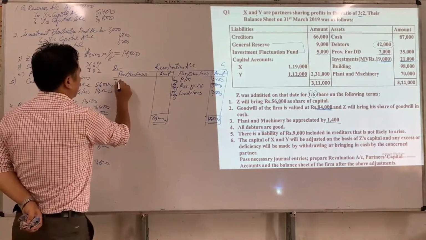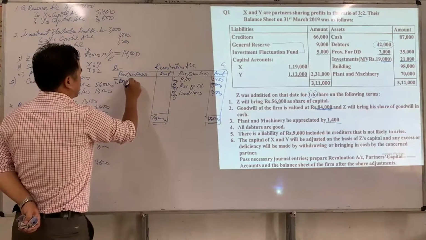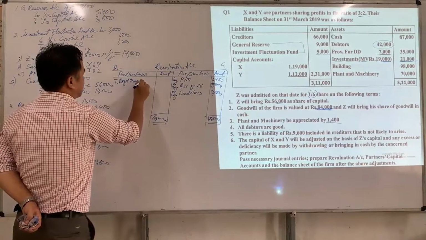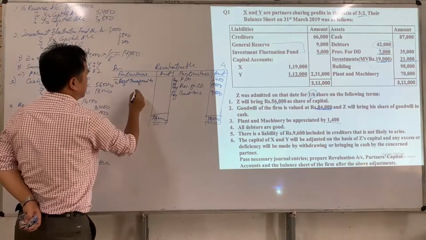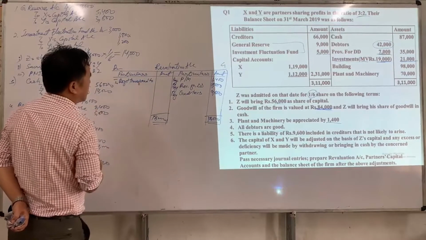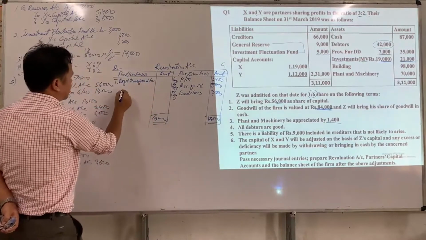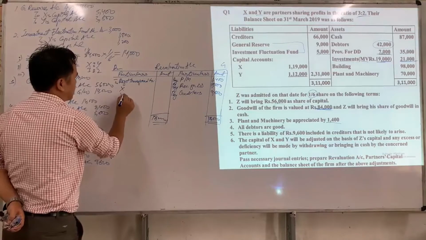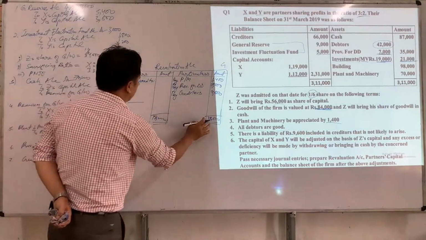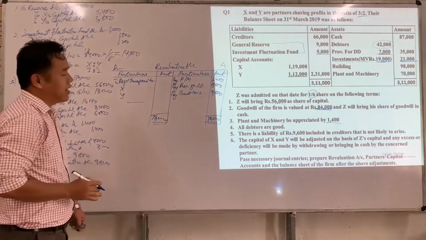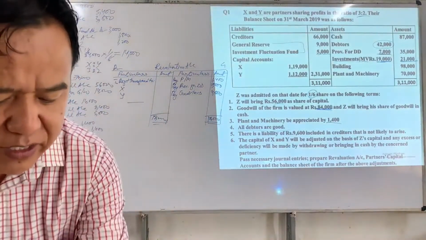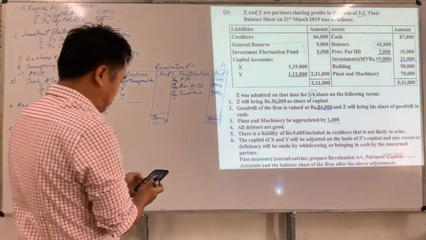So profit transferred to whom? Yes, capital account of old partners X and Y. So 18,000 should be transferred to X and Y in their old profit sharing ratio. What is their old profit sharing ratio?